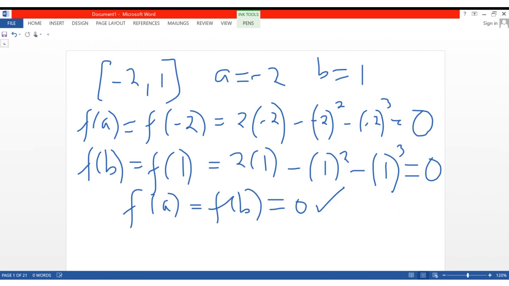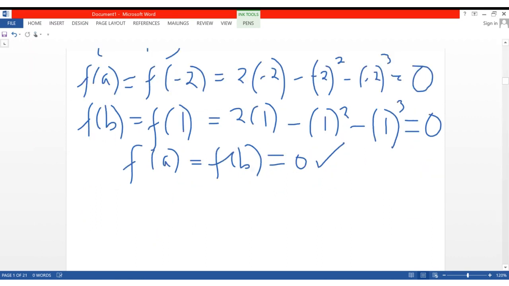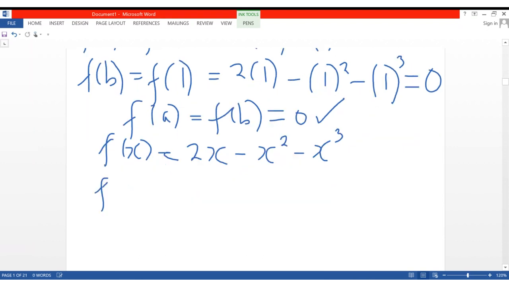The next step now is our function. We differentiate once. So f of x was given by 2x minus x squared minus x to the power 3. When you differentiate this once, that is f prime, you get 2 minus 2x minus 3x squared: the power comes down and you reduce the power by 1.